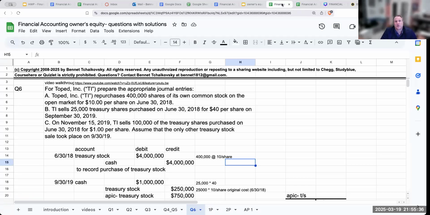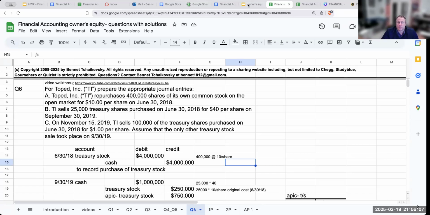Just to give you a preview of what's coming, in future courses like intermediate accounting, in that second semester, you're going to get a lot more into treasury stock, earnings per share, and the like. Our job here is to get you used to how different equity transactions work.